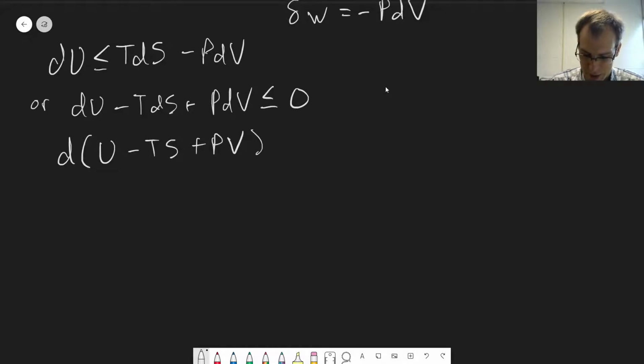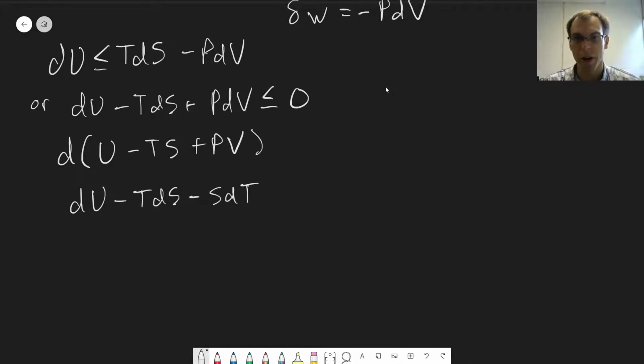And let's think about this derivative. The first term in it is dU, and then we'll have 2 cross terms for each of these products, TS and PV. So we get minus TdS minus SdT. This is like the product rule that you learned for derivatives. Then we'll also have plus pdV plus Vdp.